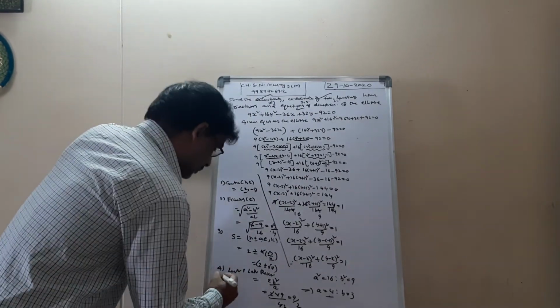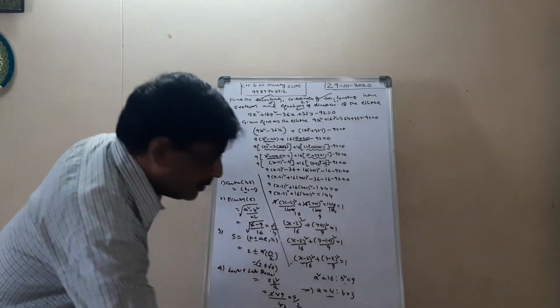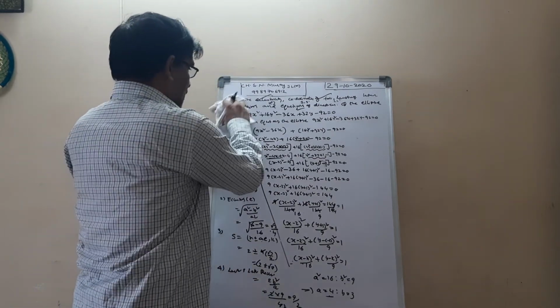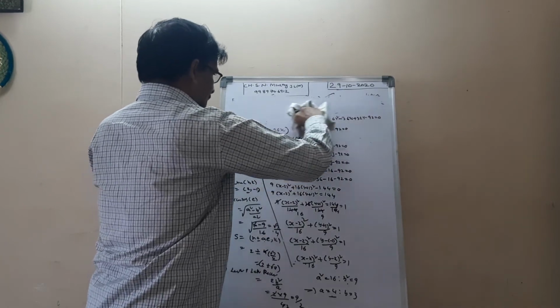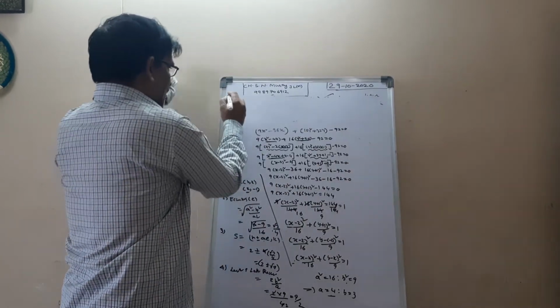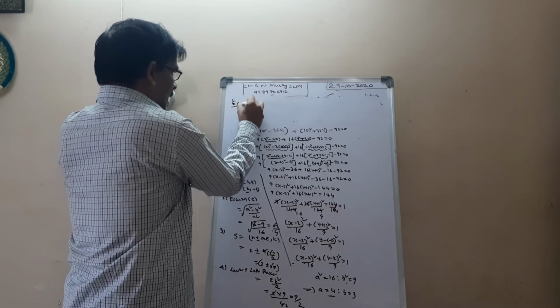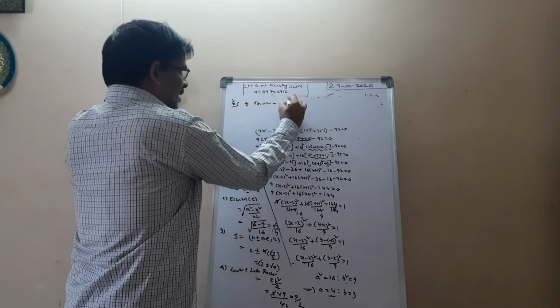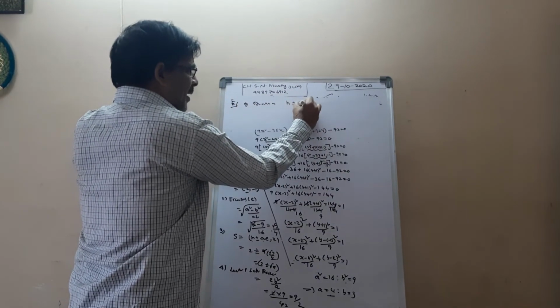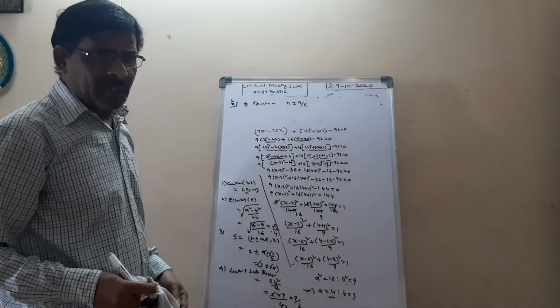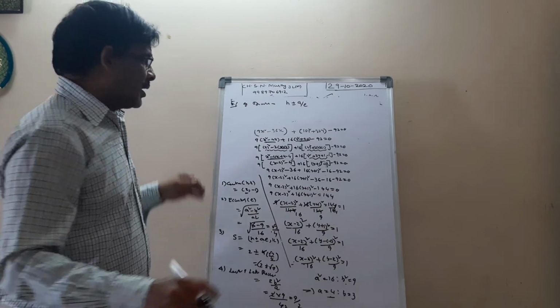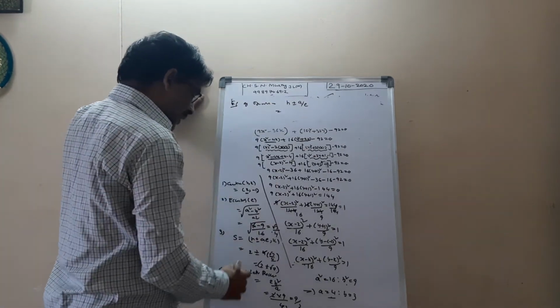And the equation of the directrix, this is the last one. You know, h ± a/e, because this is shifted. The center is (h, k). What is the value of h?